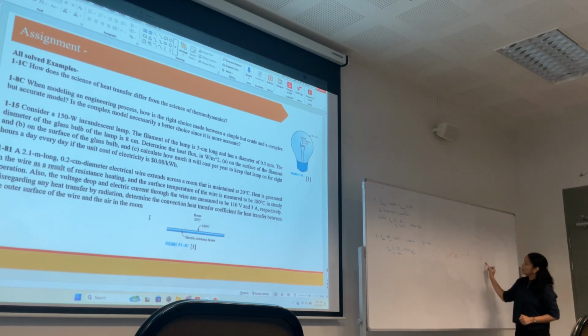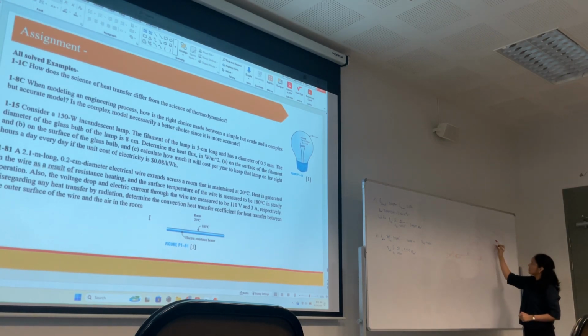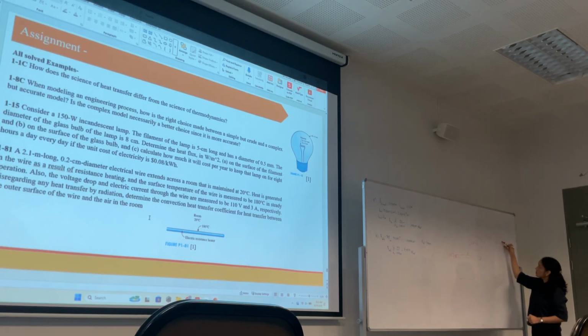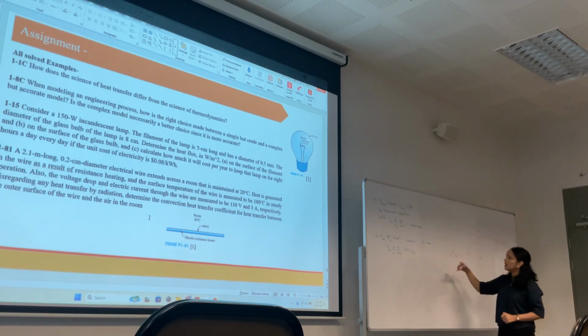And then there is the bulb, which is a sphere. So the only difference is in the area.